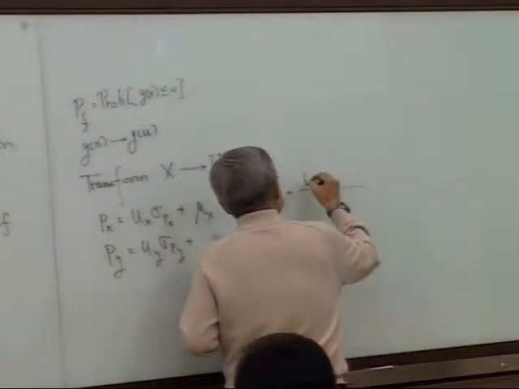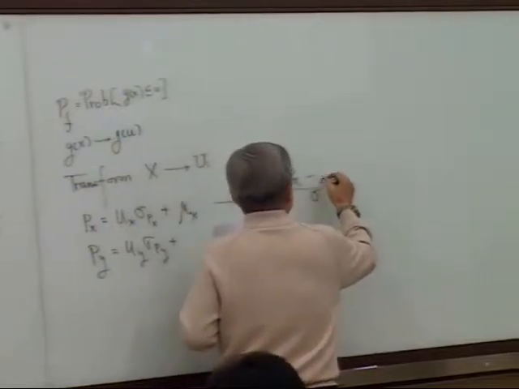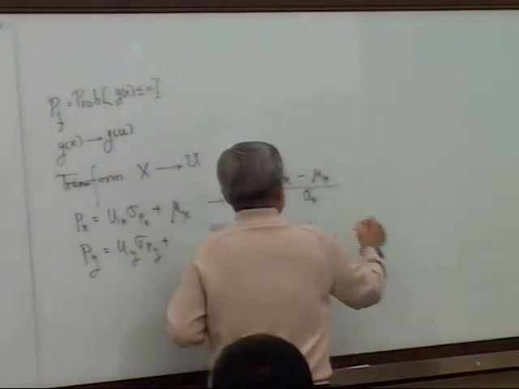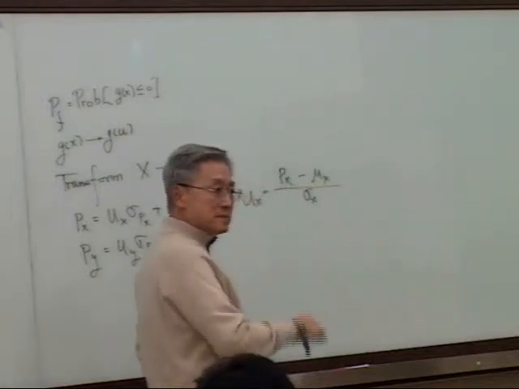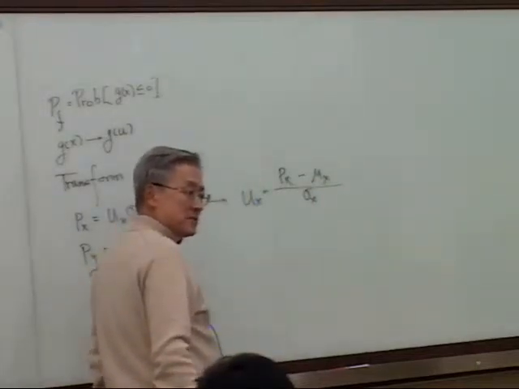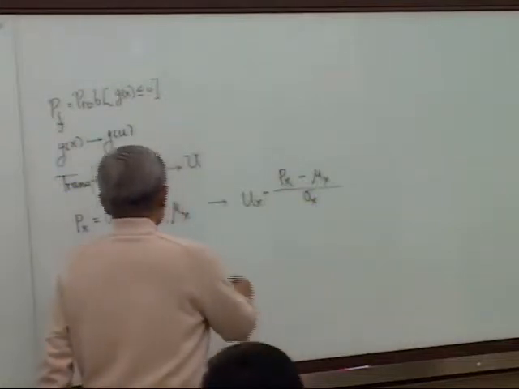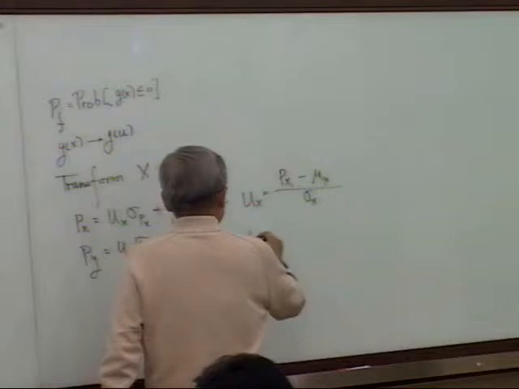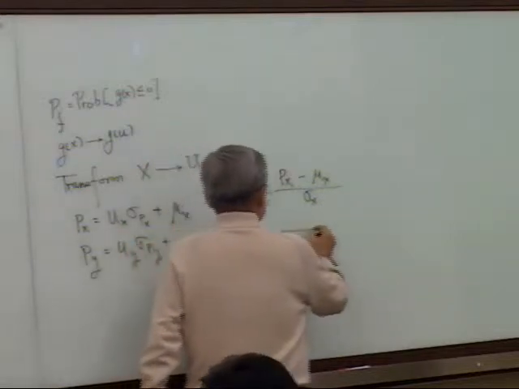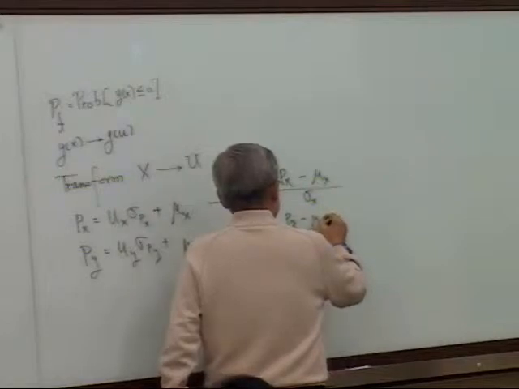This is Px, right? Correct? It is a transformation into the standard normal distribution, with Uy equal to (Py minus mu y) over sigma y.